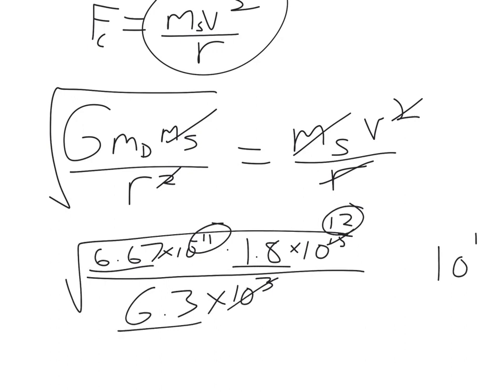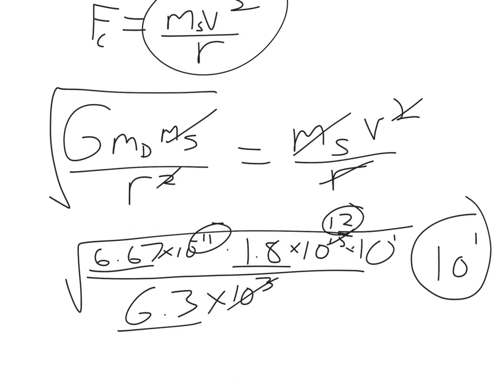So I'm putting that into my calculator. 6.67 times 1.8 divided by 6.3 and then take the square root. Actually, I need to not forget to put that 10 in there. That 10 is technically in there with everybody else under the square root.